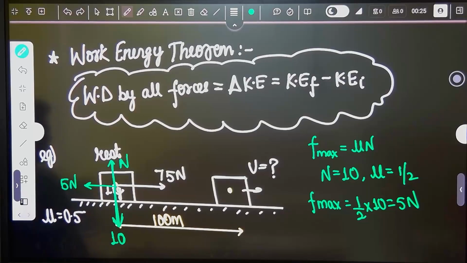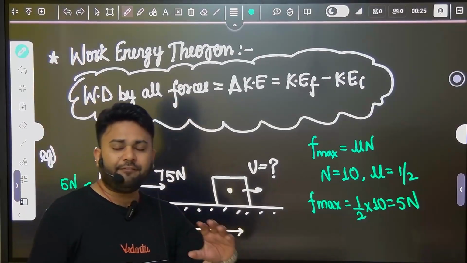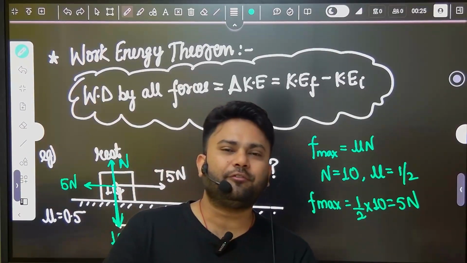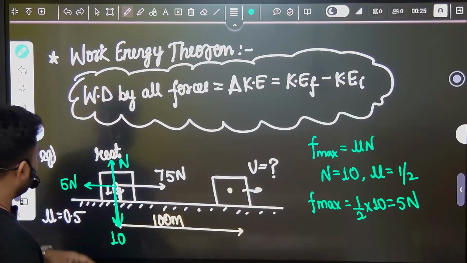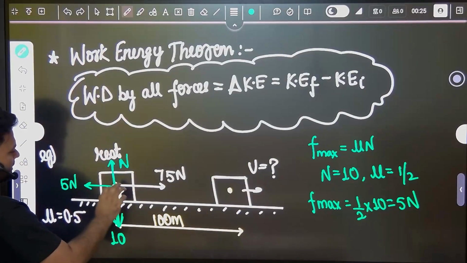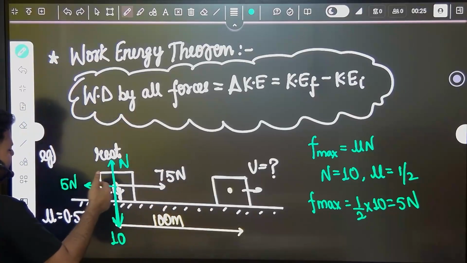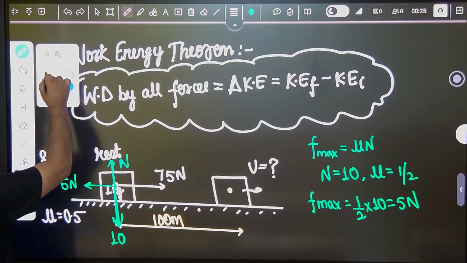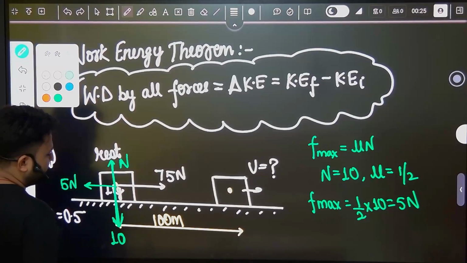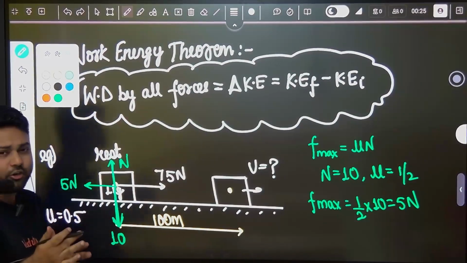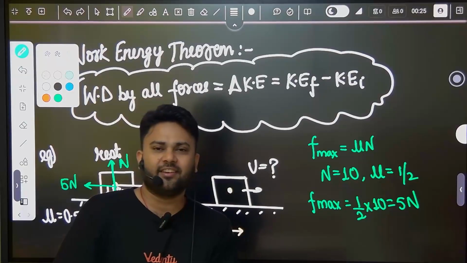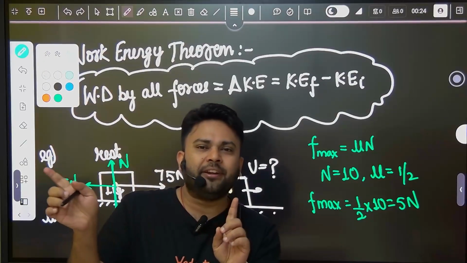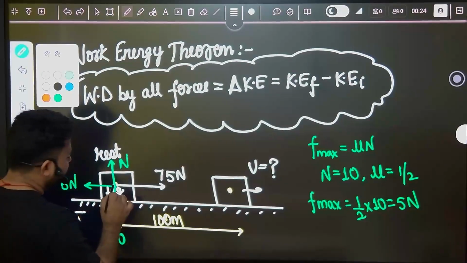Now you have to calculate work done by all the forces. This is a total of 4 forces: mg, normal, the external force 75 Newton, and friction. Now you know that this normal reaction and this mg will not do any work. Why? Because these forces are perpendicular to the displacement. See the displacement now.